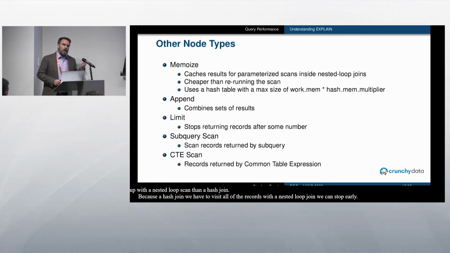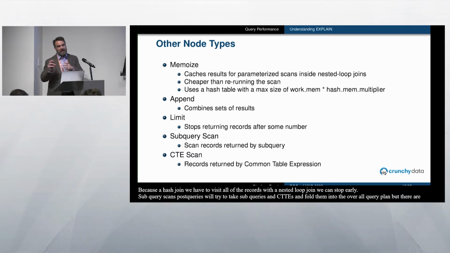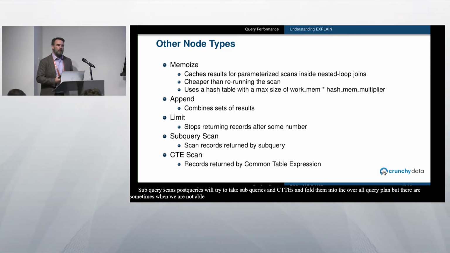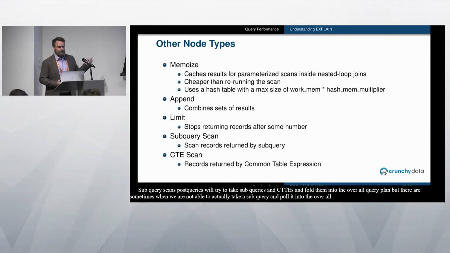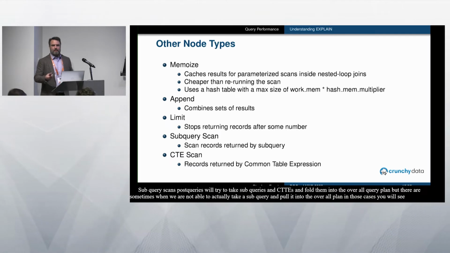Subquery scans. Postgres will typically try to take subqueries, and CTEs also, I'll talk about that in a minute, and fold them into the overall query plan, but there are times where we are not able to take a subquery and pull it into the overall plan. In those cases, you'll see a subquery scan. CTE scan is for common table expressions. Similar case here.